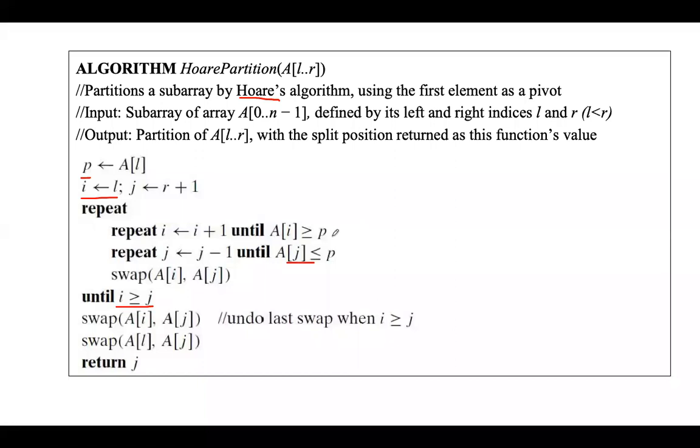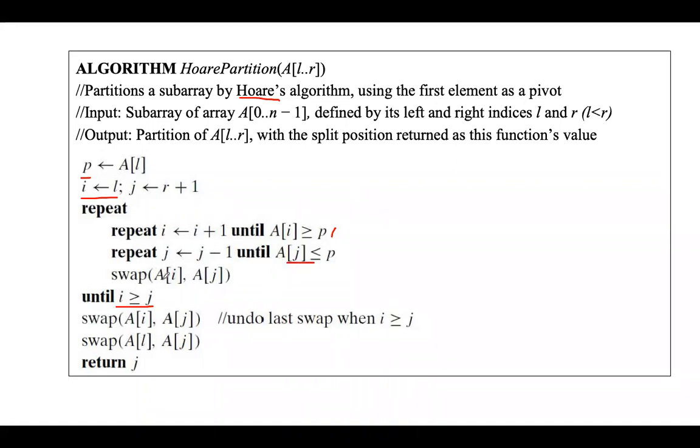Once you reach that point, stop incrementing I, come to the right side, and go on decrementing j until A of j is less than or equal to the pivot element.